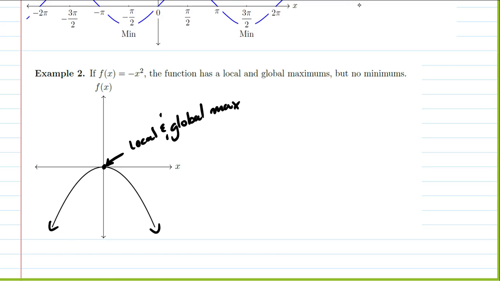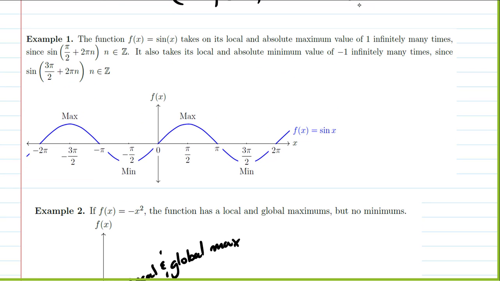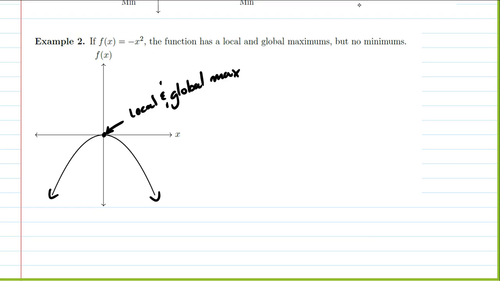So our first example had an infinite number of maxes and mins, and they were both local and global. In this one, we had only local and global maximums and no minimums, and they happened to be the same point.